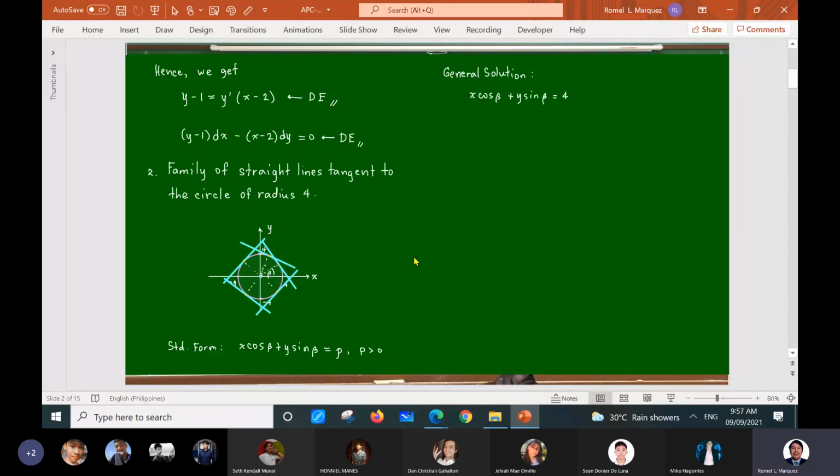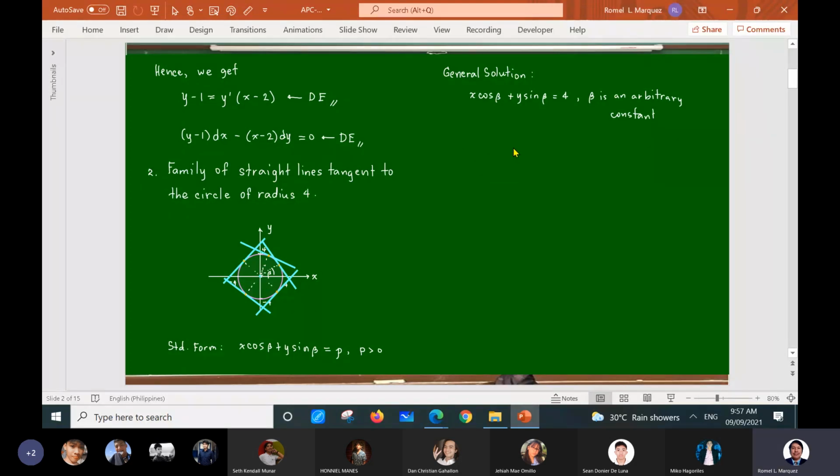That is fixed. So our beta here is an arbitrary constant. It is fixed for every line because that is the inclination of the perpendicular distance, but it varies from line to line. Okay?